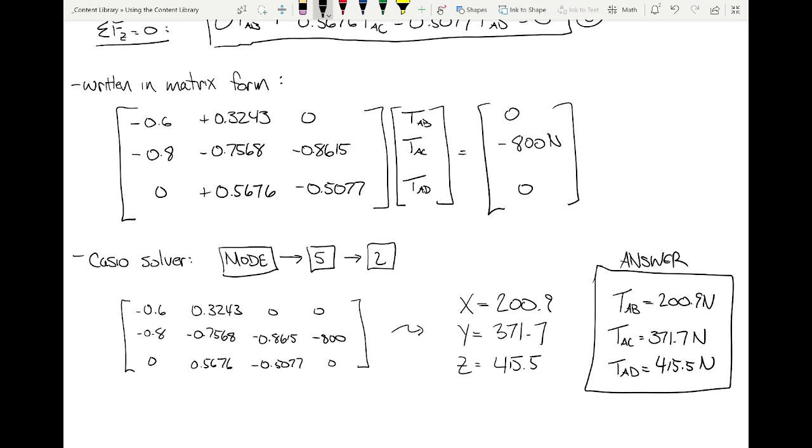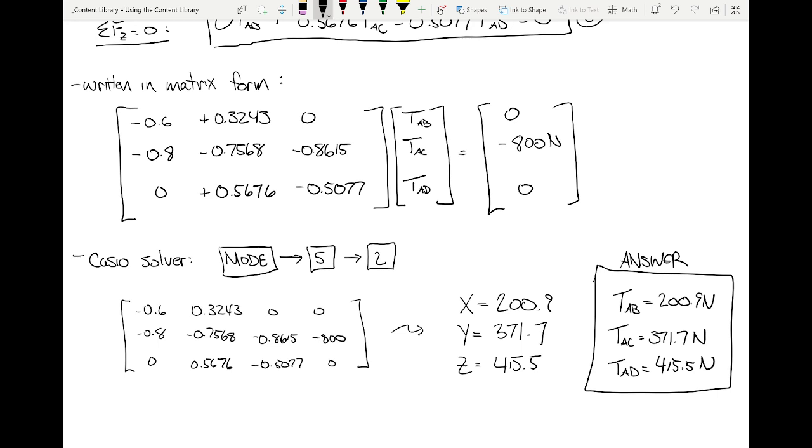I want to stay here for just a sec and make sure that everybody is able to achieve the same solution. And if you're not, check your signs. Check and make sure you're on the right mode of operation. Check and make sure you didn't forget a value or transpose a value, etc.